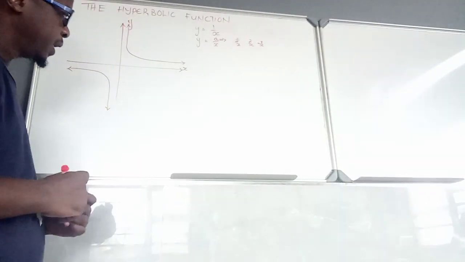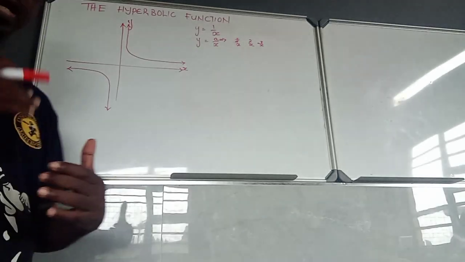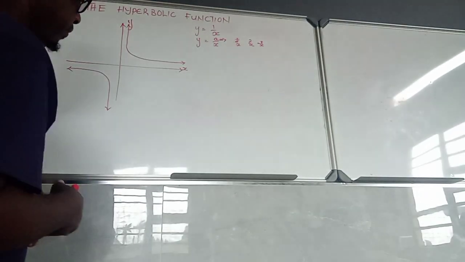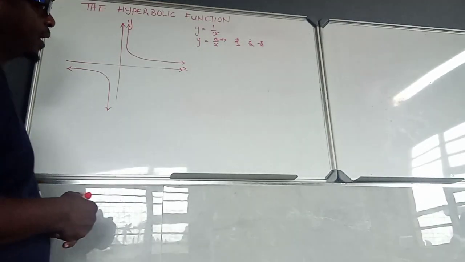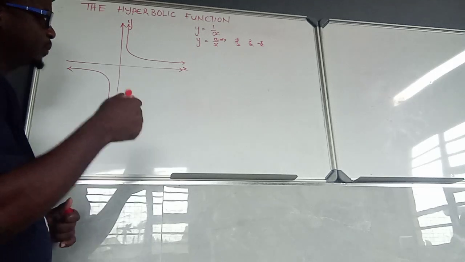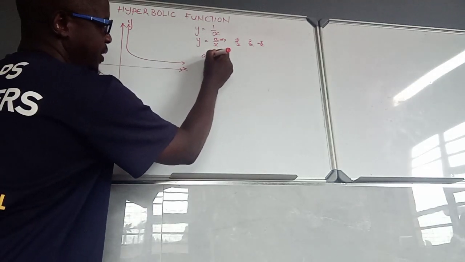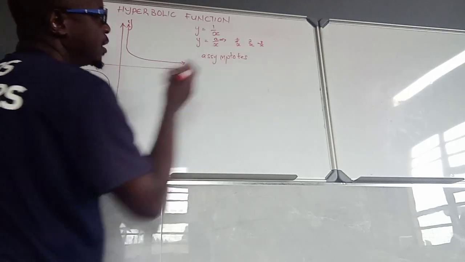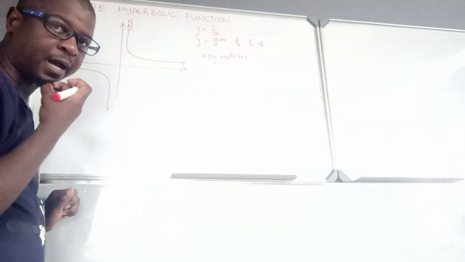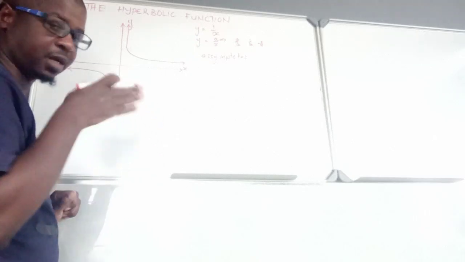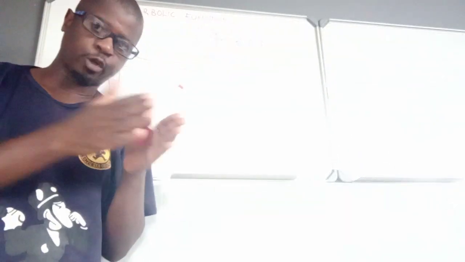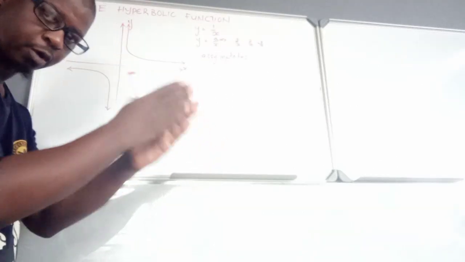Now moving on, as we are looking at the hyperbolic function, we also would like to mention some of the very important aspects. By the way, we looked at another point, which is the asymptotes. So what did we say asymptotes are? Asymptotes are those lines which the graph approaches, getting closer to the line, but it does not cross.